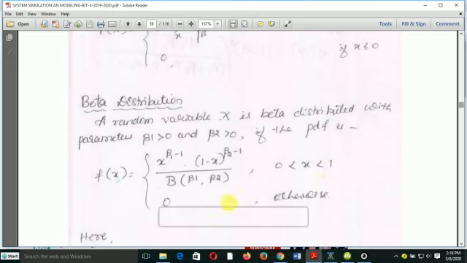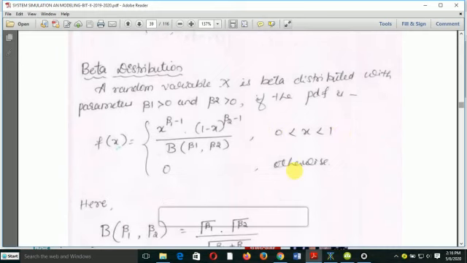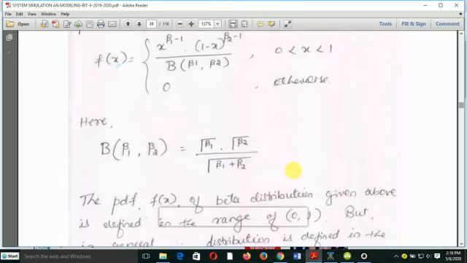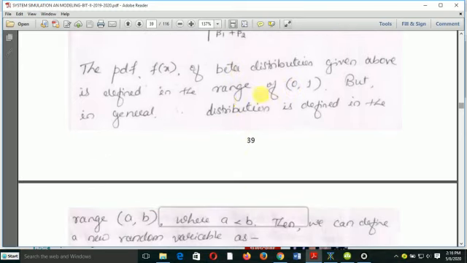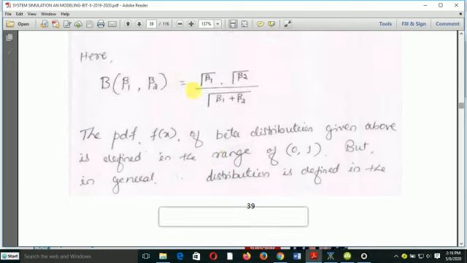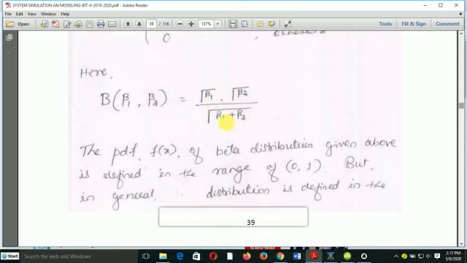It will be equal to 0 when the value of x is out of the range. So we will have this value, which can be used while we are calculating different values to check whether our x follows beta distribution or not.